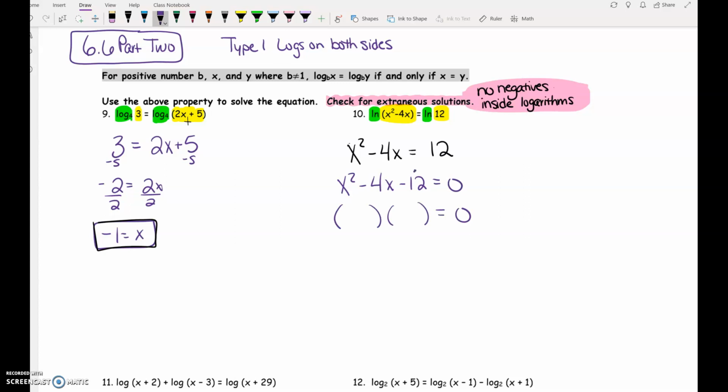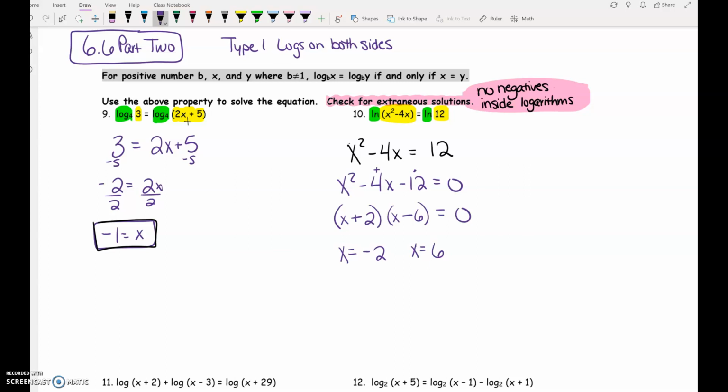You're looking for two numbers that multiply to give you 12 and add up to -4. I think that would be 2 and 6. It'd be -6 and +2. So then our solutions are -2 and +6.